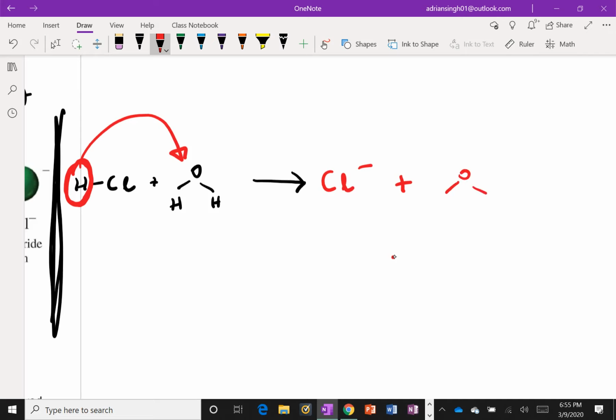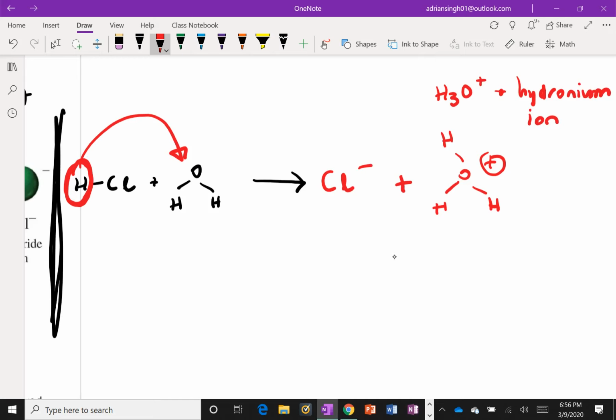So let's draw what we already have, and then I'm going to add an H plus onto it. It looks a little unusual, yes, but that's what happens. So we end up with this thing here called H3O plus, and we refer to that as the hydronium ion.